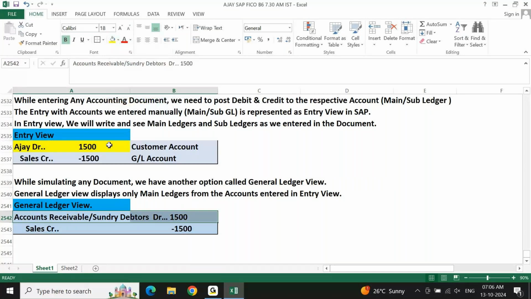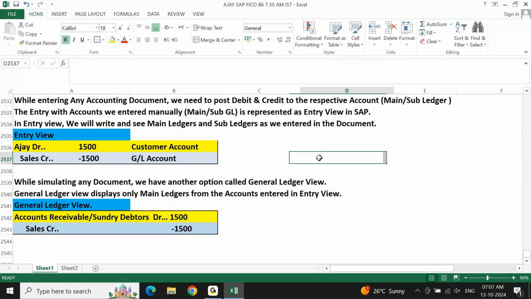Any change or is it exactly the same? Change, sir. Instead of customer, we completely consider as sundry debtors or accounts receivable. In the entry view, system is representing customer account. In the general ledger view, customer account is replaced with accounts receivable or sundry debtor.